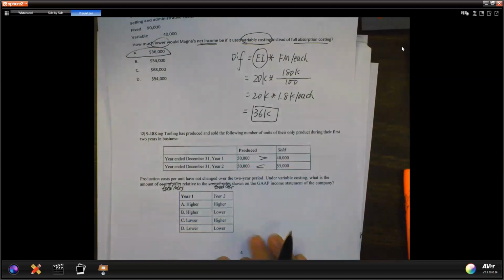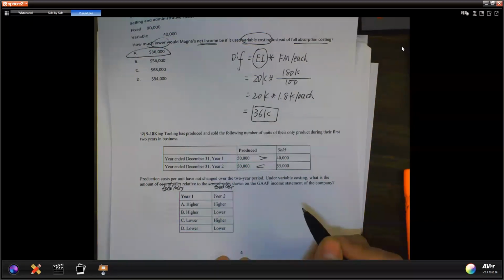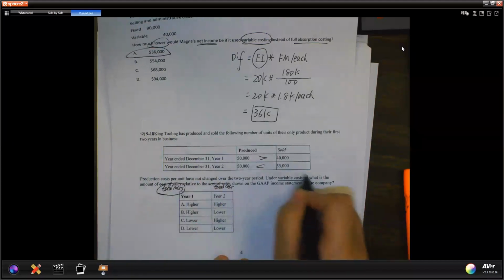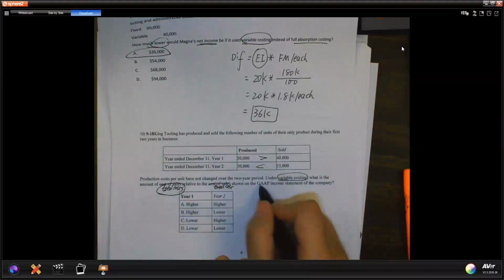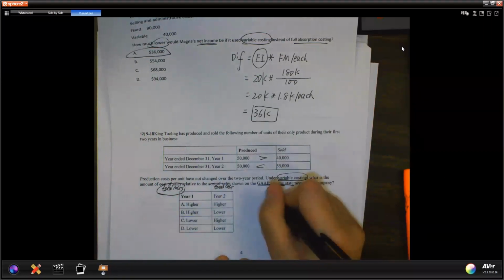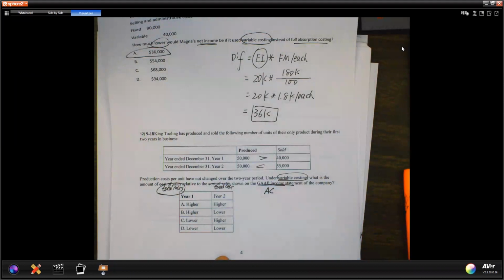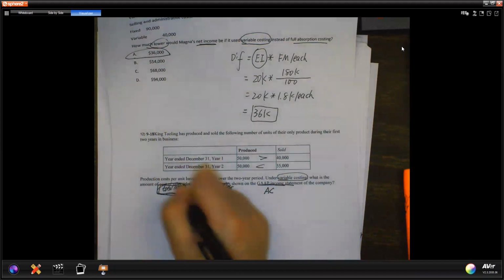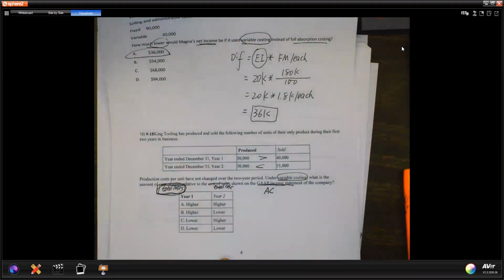And the question said, what is your total costs under variable costing compared with the GAAP income statement, which is your absorption costing? We said the GAAP income statement is always your absorption costing. But the question asks you about your total costs, instead of asking you about your operating income.